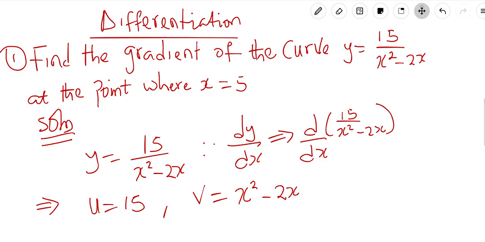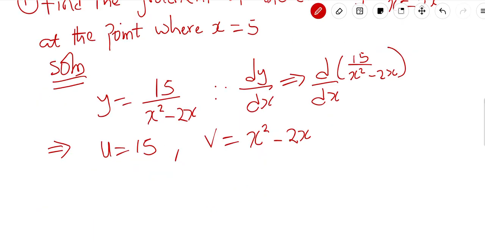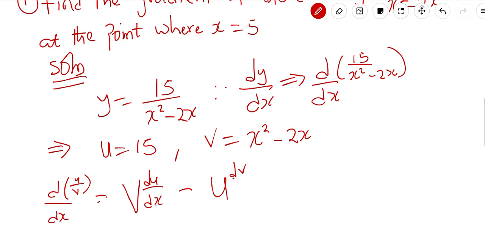So recalling what the quotient rule states, it states that v du over dx minus u dv over dx, divided by v squared.